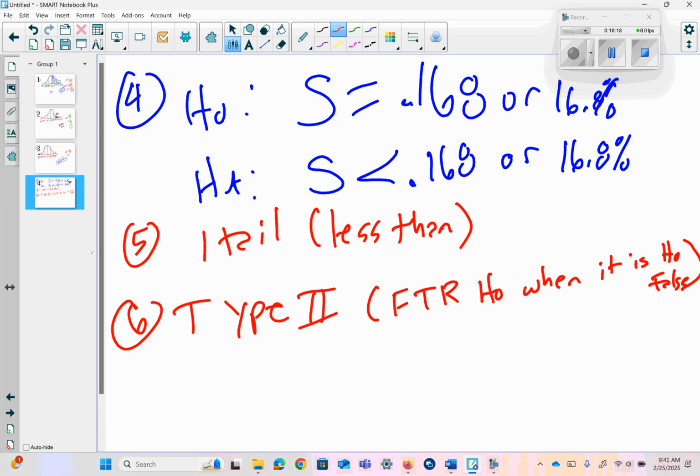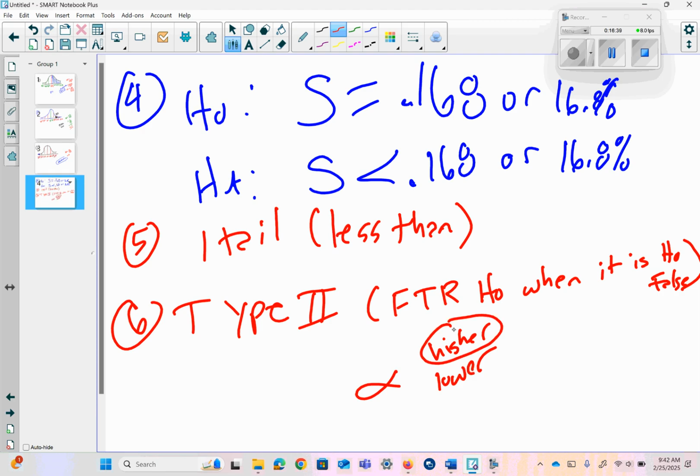Should they use a higher level of alpha or a lower level of alpha? Let's think about this. Type 2 error is failing to reject the null when it is false. So we want to make a higher alpha.